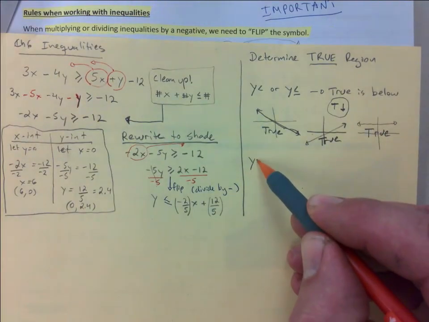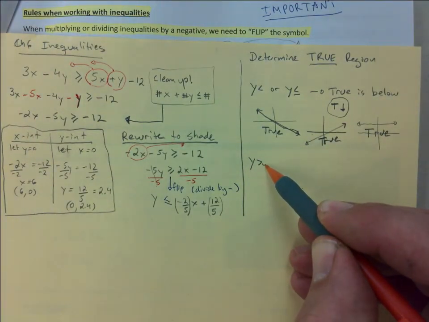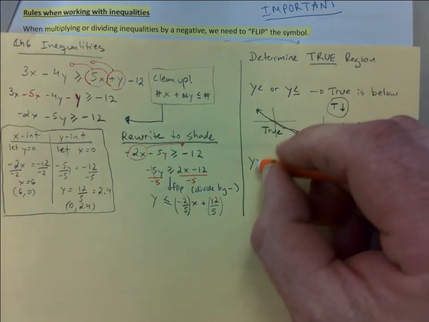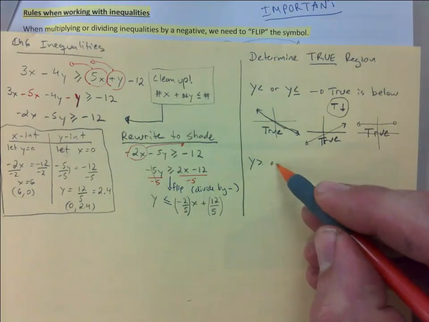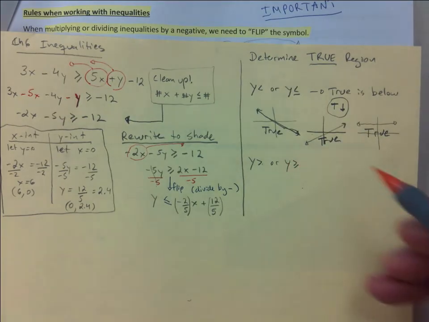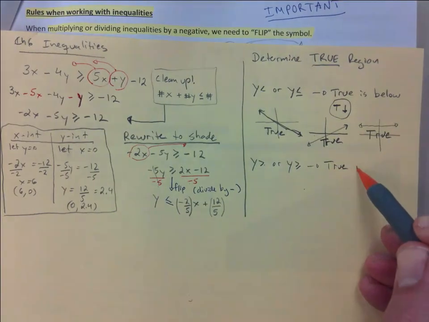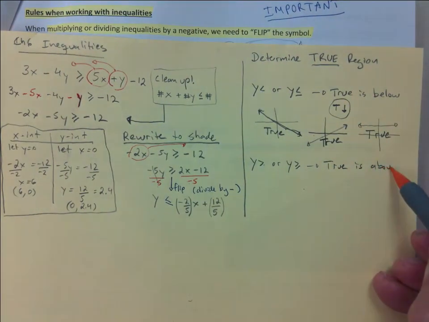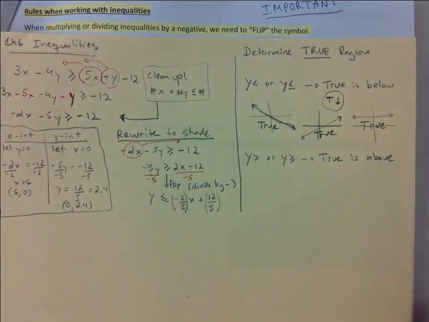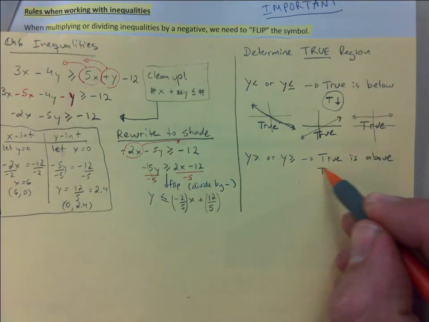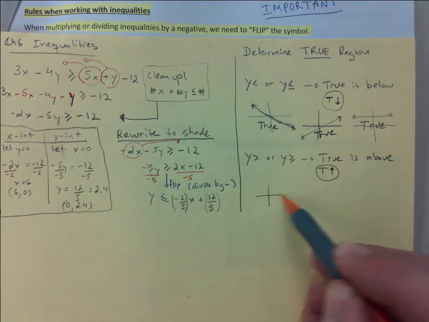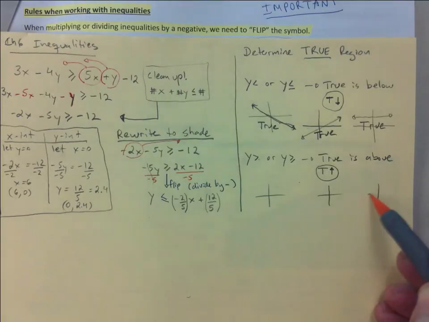And if y is greater than, or greater than or equal to, true is above. So true is above the line. And I'll give you the three cases again.